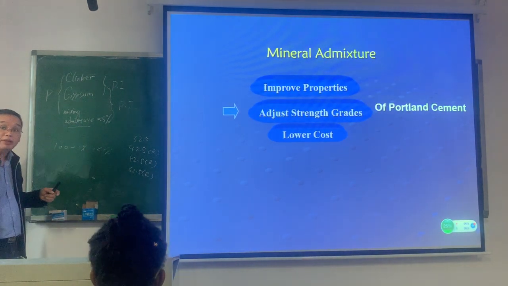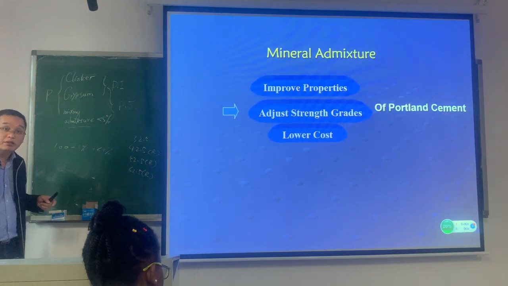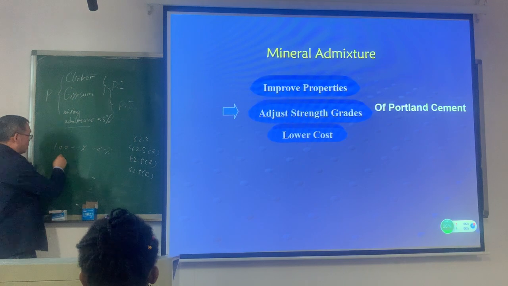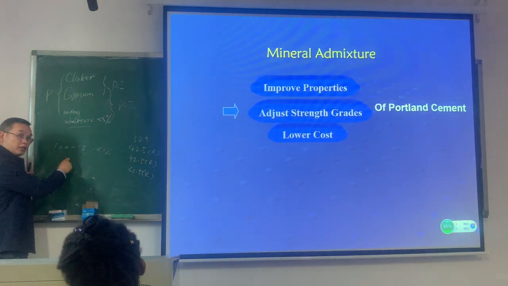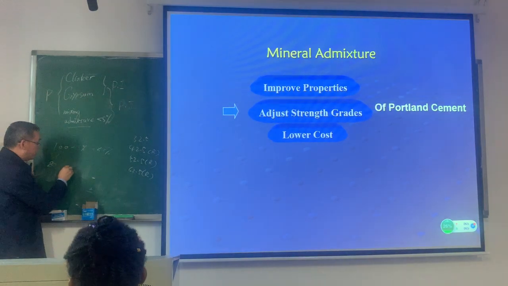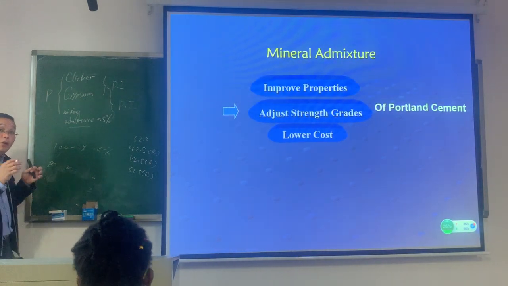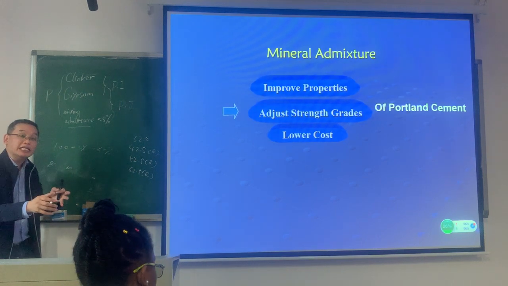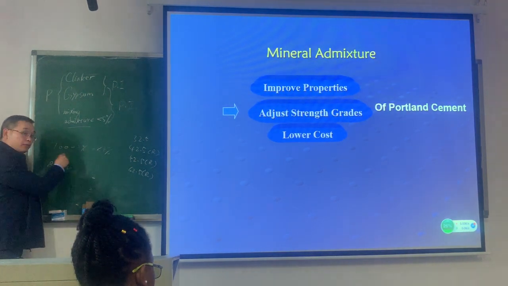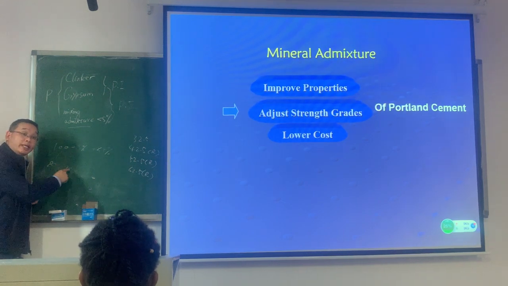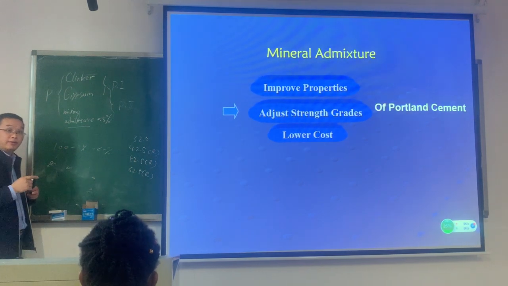And if we add 20% admixture, it means it can be divided into 80 and 20. So if we add 20% admixture into the Portland cement, how much can we save? We can save 20% clinker.